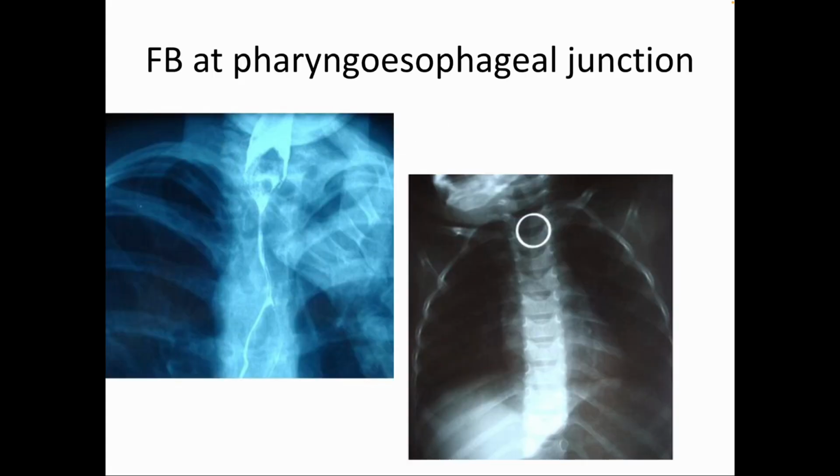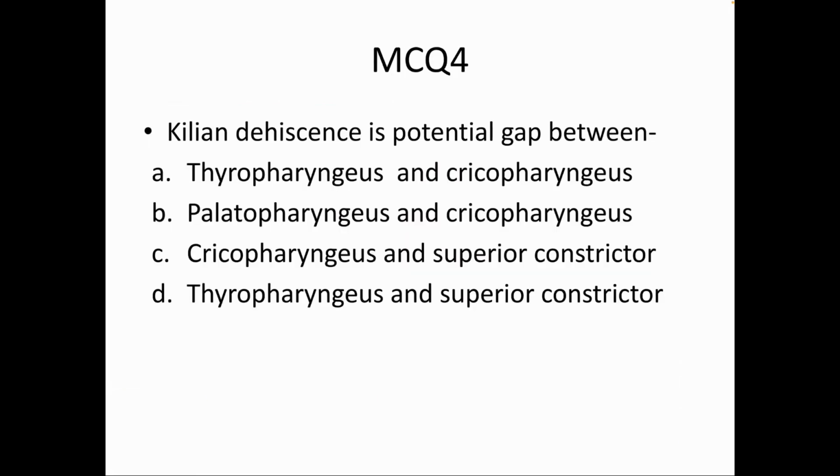Here a ring is impacted at the pharyngoesophageal junction. There is a peach seed impacted at the pharyngoesophageal junction, and the latter part is constricted because barium is not able to pass into this particular region.